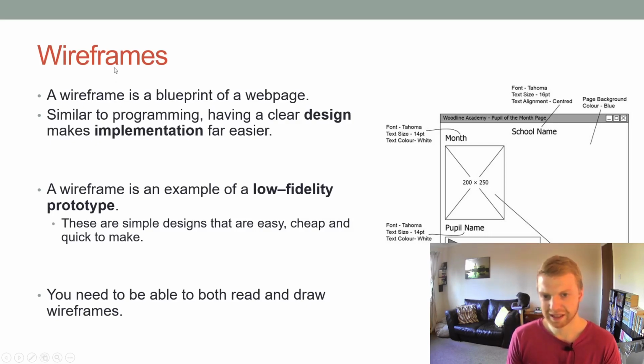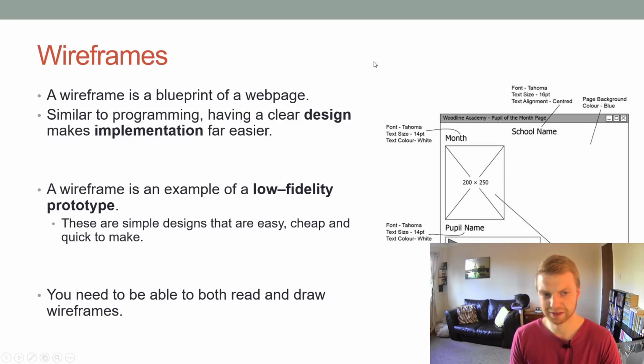The idea is that if you have a clear design, then implementing it, coding it, will be far easier. You might remember when we did it before, under the software section, when we talked about the analysis stage, then the design stage, then the implementation stage, and we said back then that having a clear design will make for an easier implementation.